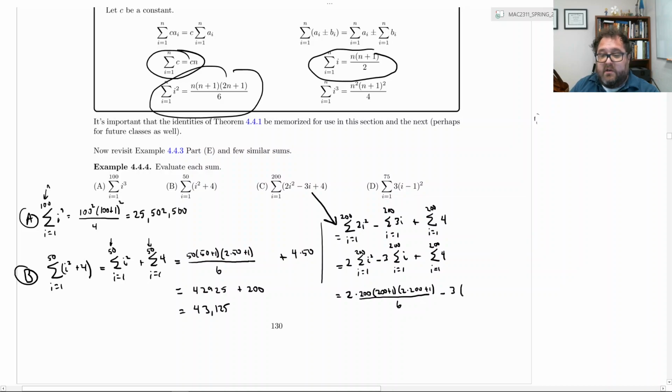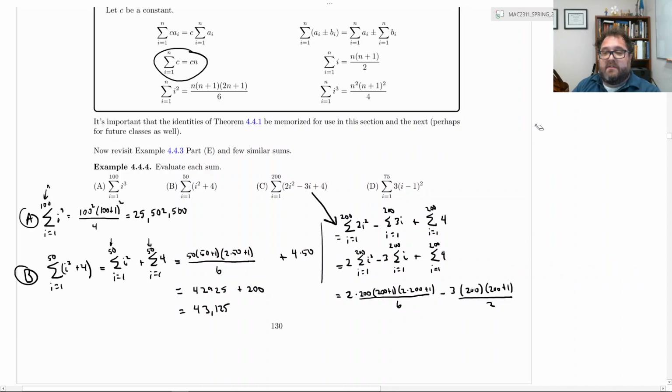Now this is the sum of the i's, so we're looking at n times n plus 1 over 2. So 200 times 200 plus 1, over 2. And for the last one, it's a constant, so we're looking at the summation of a constant. And we get plus 4 times 200.